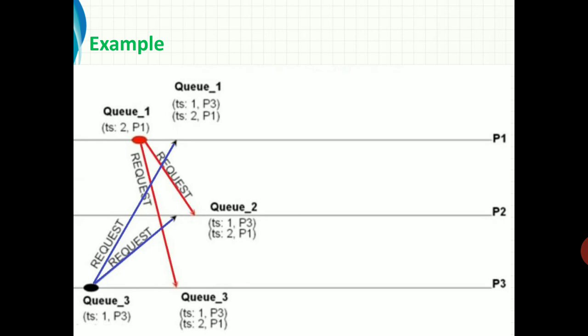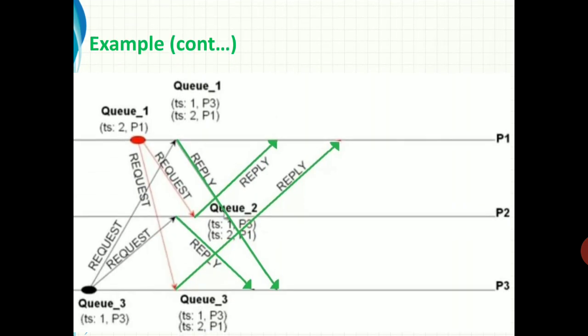A particular process can enter its critical section only after receiving a reply message, that is an OK message, from all the other processes. So P1 sends a reply to P3. At the same time, P2 sends a reply message to P3. Then P2 and P3 send a reply message to P1 also. Now P1 and P3 receive reply messages from all other nodes in the system.